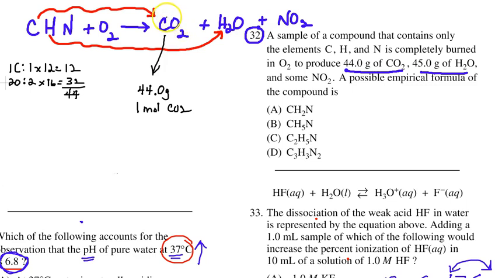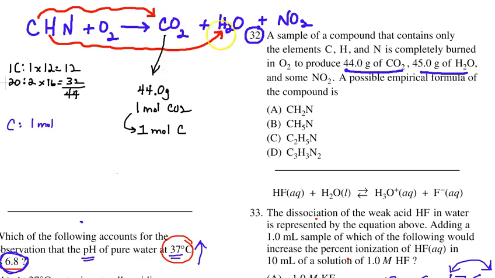Now, look carefully. In one of these particles, how many carbons do you have? 1. So if I have 1 mole of CO2, don't I have 1 mole of carbon atoms? Yes. So I know that I have, I'll write this over here, carbon, 1 mole. That's how much I'm collecting here.